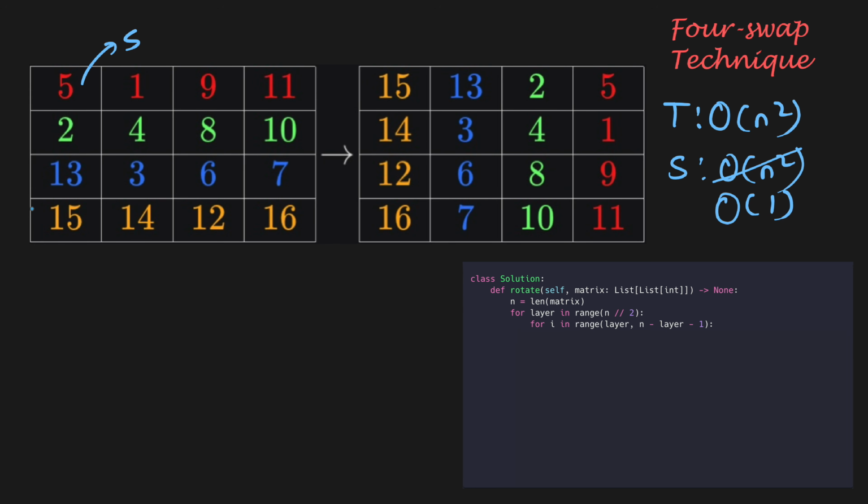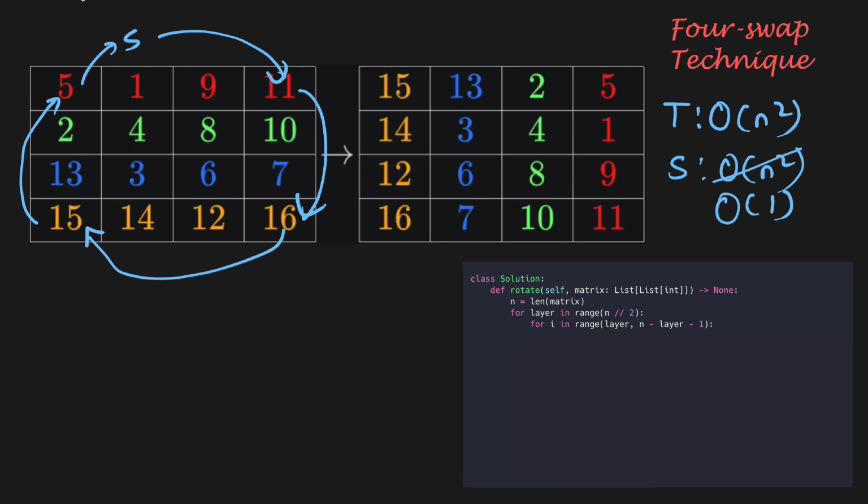So now we can use 15 to replace 5 at the top position. And now since the value of 15 is already used, we update its position with 16 from the left column. And then since 16 is already used, 11 replaces 16. And finally, the backed up value of 5 is used to replace 11 in the right column. And we are done with the 4 swaps for that element.